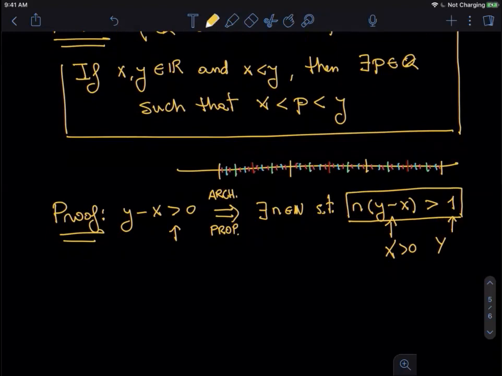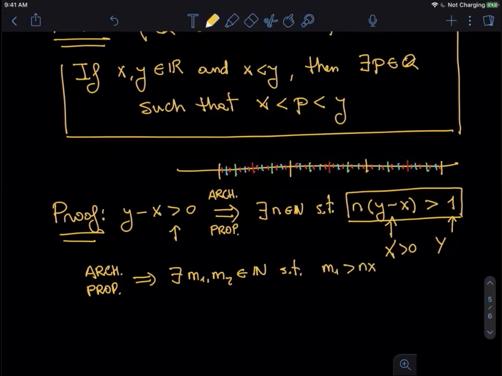Now, the Archimedean property also says that there exist numbers m1, m2, natural numbers, positive integers, such that m1 is bigger than nx and m2 is bigger than negative nx.